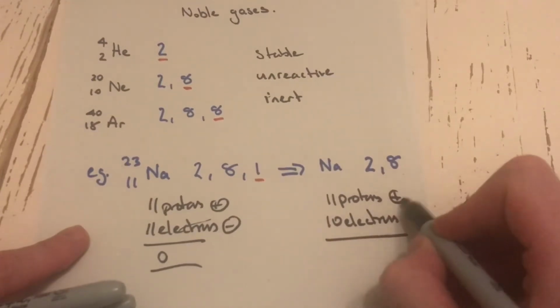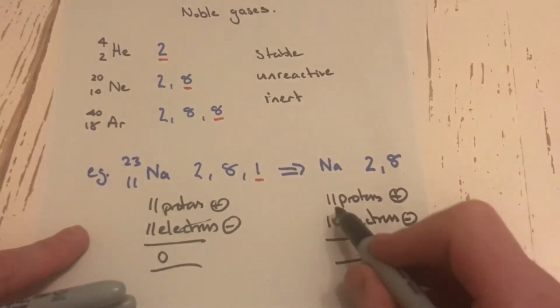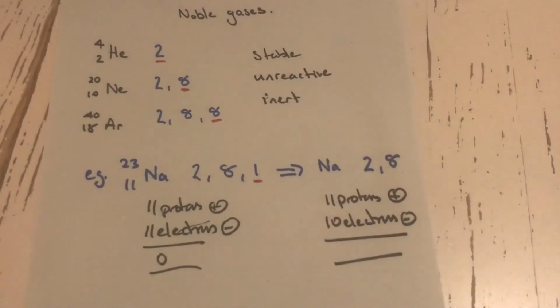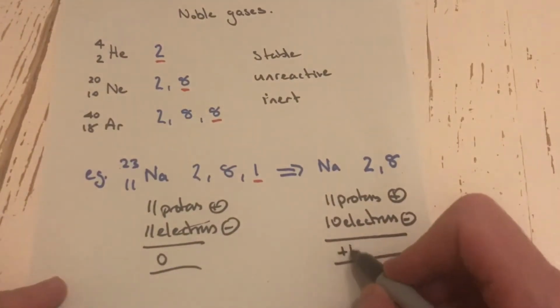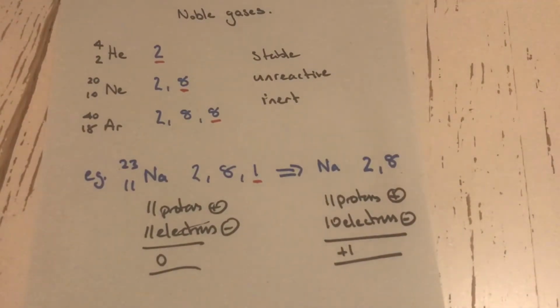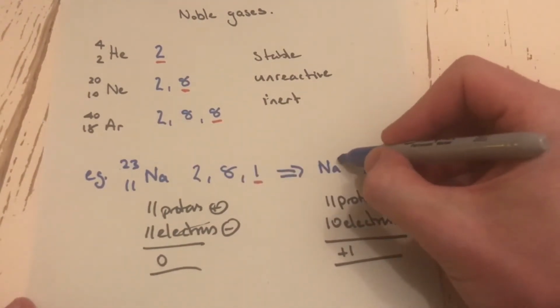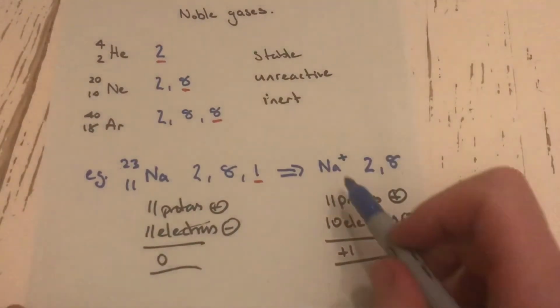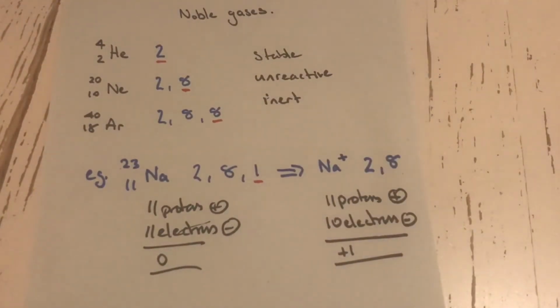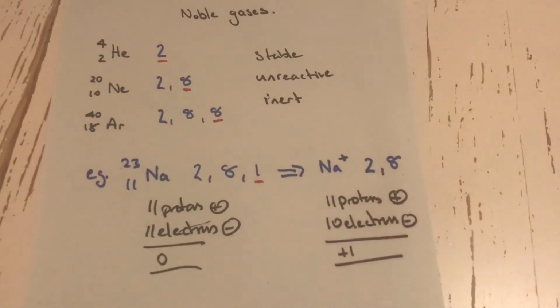So if you have 11 positives and 10 negatives, overall, you have a +1 charge. So when this sodium atom has lost an electron, it forms Na+, a sodium ion, with the stable electron arrangement.